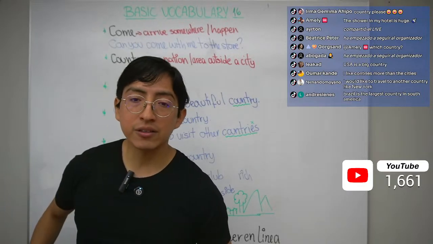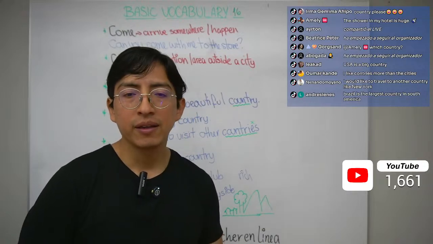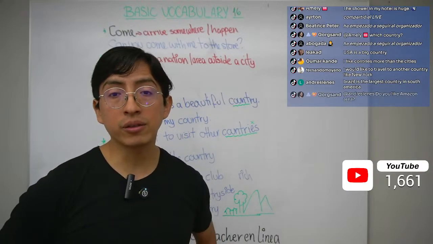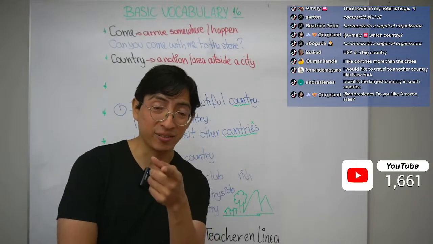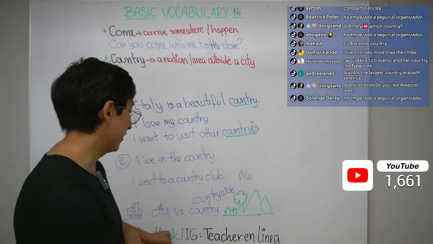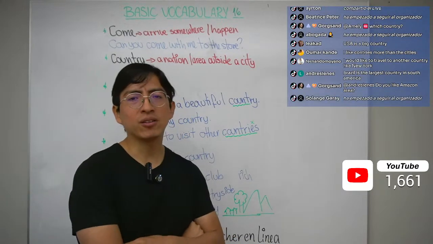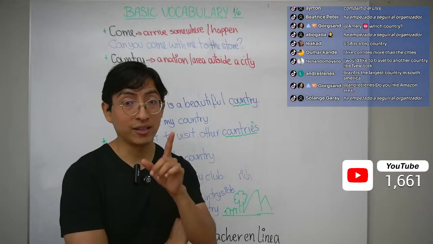Brazil is the largest country in South America. That's a good sentence. I would like to travel to another country like New York. No, but New York isn't. Fernando, be careful. New York is a city. Okay. But you can say, I would like to travel to the United States or the US.